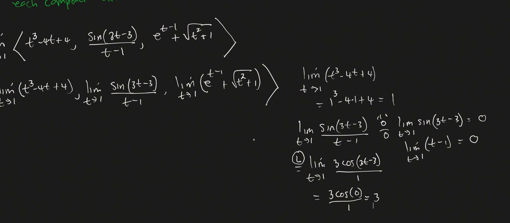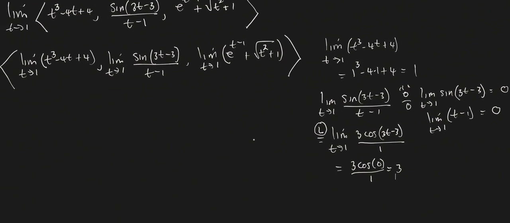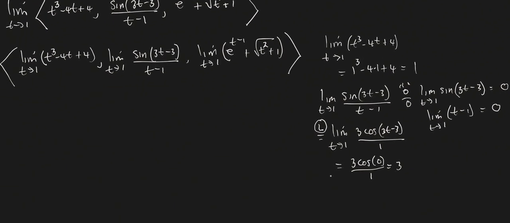And then finally, we can compute the limit of the third component. So the limit as t approaches 1 of e to the t minus 1 plus the square root of t squared plus 1. Again, our exponential function, even though it's composed with a polynomial, is always continuous.